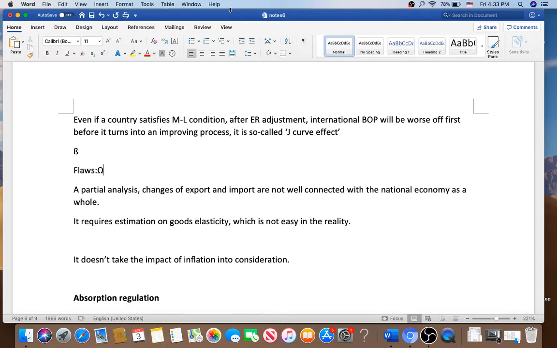And in reality, the economy attaches importance to the adjustment of international balance of payments because of its important role in the entire national economy, such as economic growth and employment.